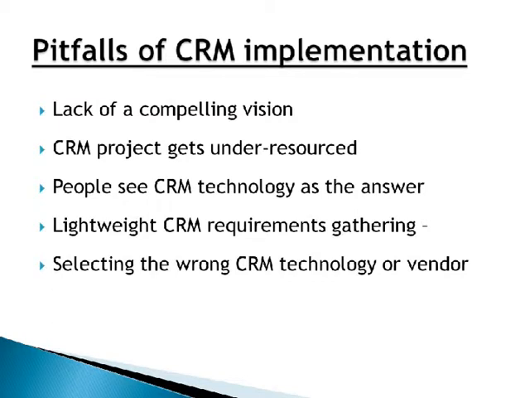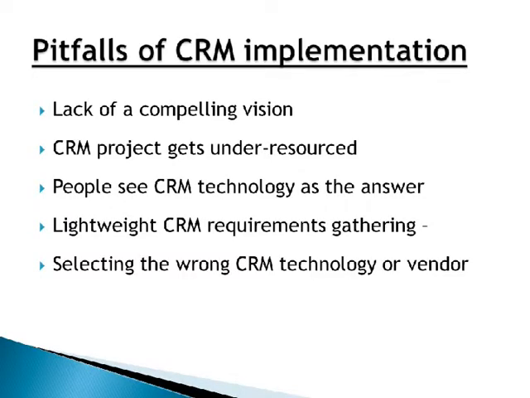The first is lack of a compelling vision. A lot of CRM systems are implemented without any clear vision as to what issues are being solved or what improvements are being implemented. The CRM project gets under-resourced.